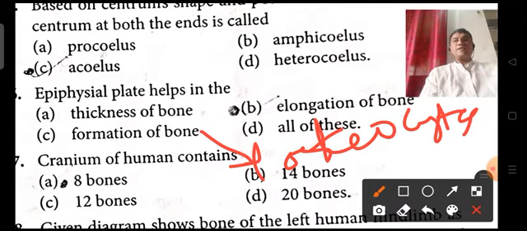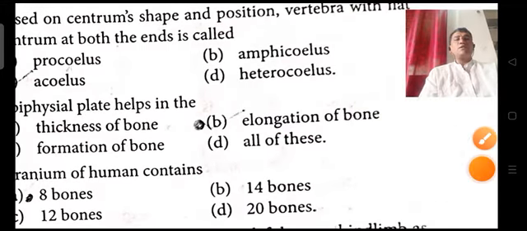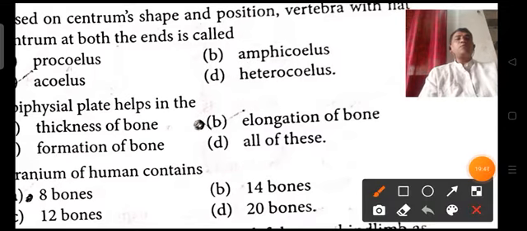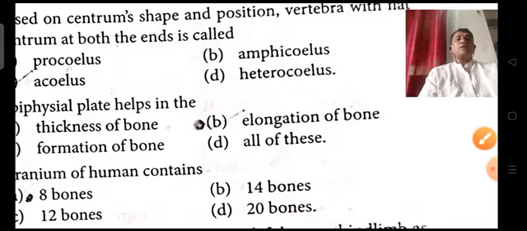The epiphyseal plate present in the bones at the joint region is generally meant for elongation of the bone and increasing the size of the organism.